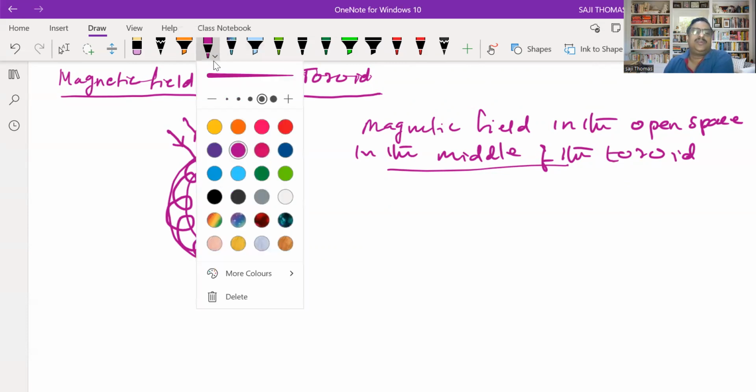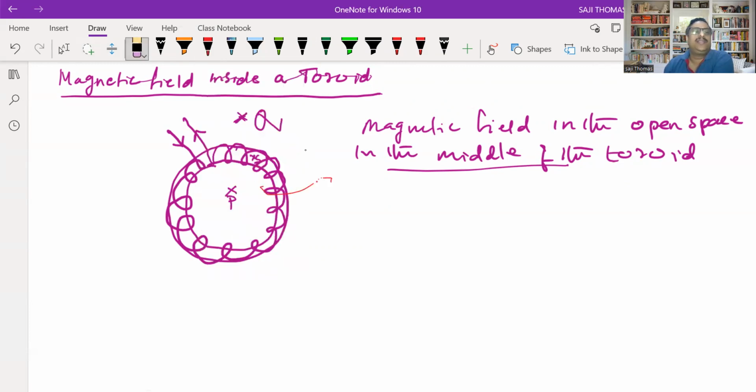So you need to draw an Amperian loop surrounding the point P. See, this is an Amperian loop, this red circle. But this circle is not enclosing any current. Current is flowing through the circular turns only. There is no current inside Amperian loop 1.